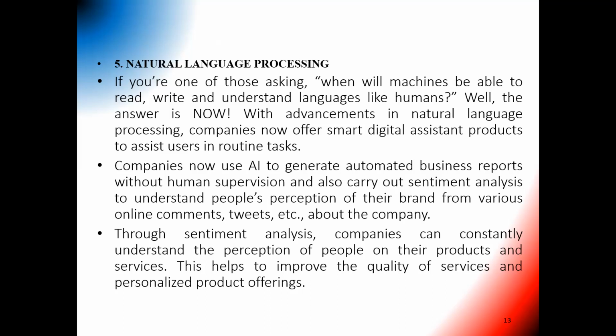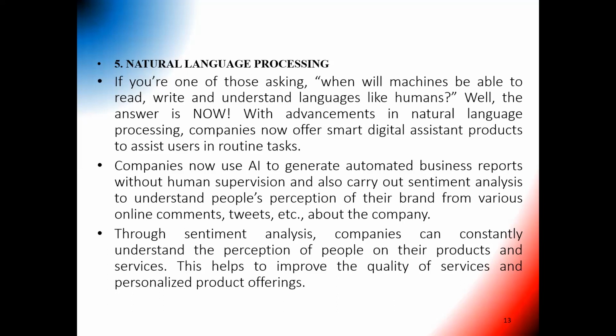So companies can now use AI to generate automated business reports without human supervision, and also carry out sentiment analysis to understand people's perception of their brand from various online comments, tweets, etc. about the company. So most companies have got social media handles, like you'll be having your Twitter account, and then customers will be sending tweets to your account. So you can employ artificial intelligence so that it is going to search all your tweets and analyze the sentiments that are coming from the customers and help the business to make a decision.